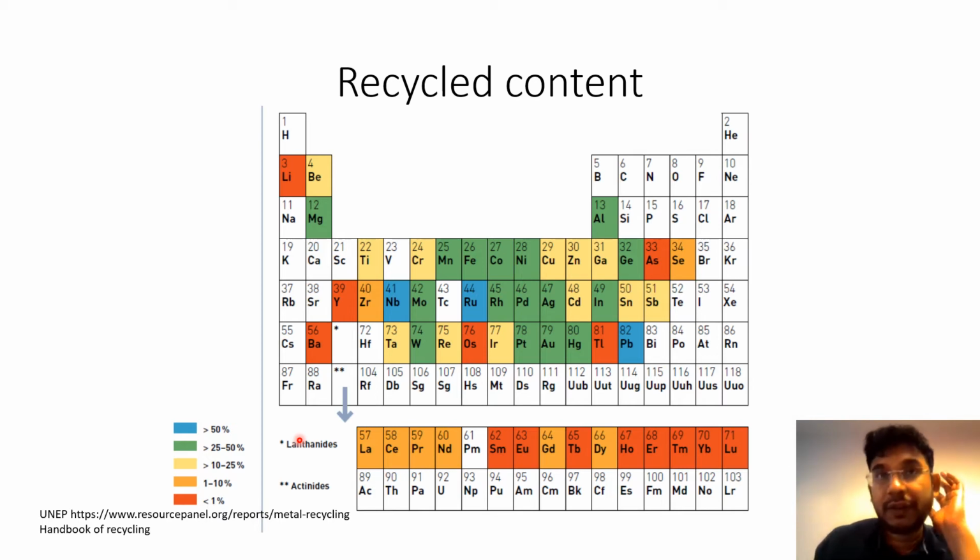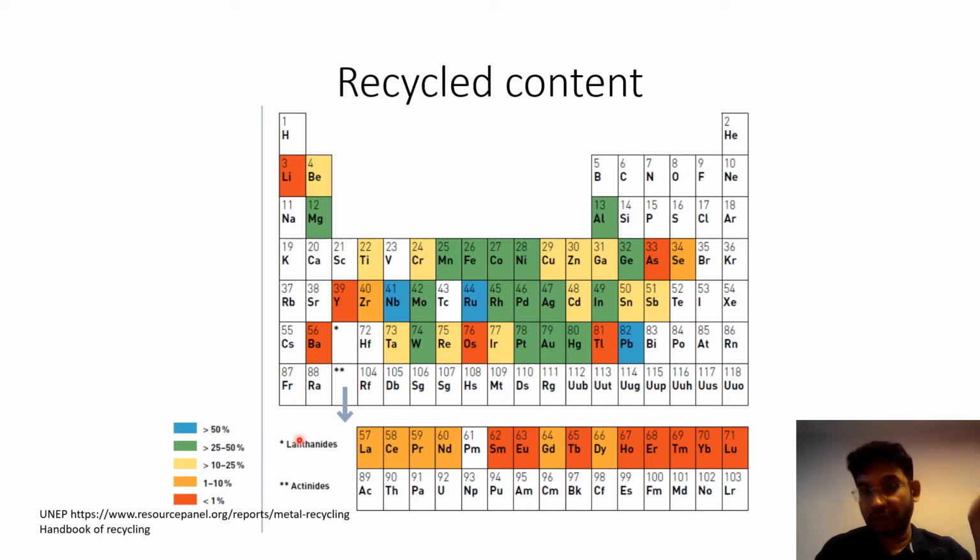There are a lot of reasons why the EOL-RR can be low or recycled content can be low. For instance, sometimes the collection can be so difficult. Sometimes, for instance, in the case of lead, the lead is recycled a lot from lead acid batteries.